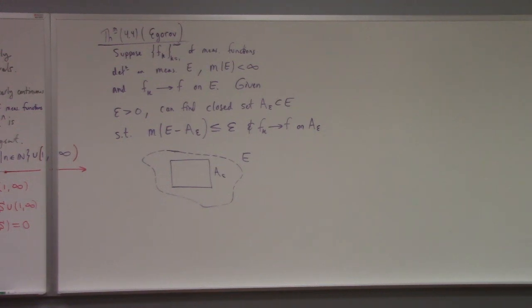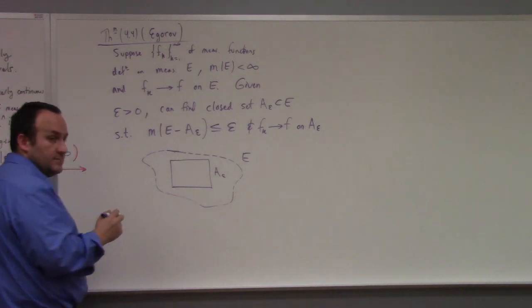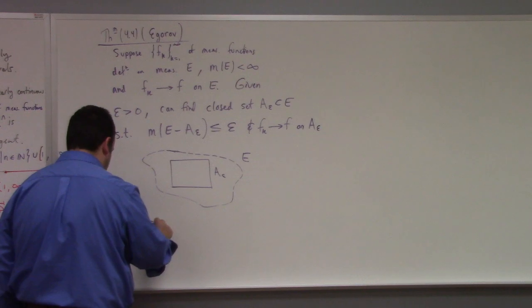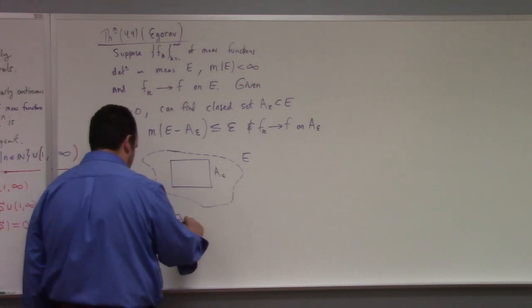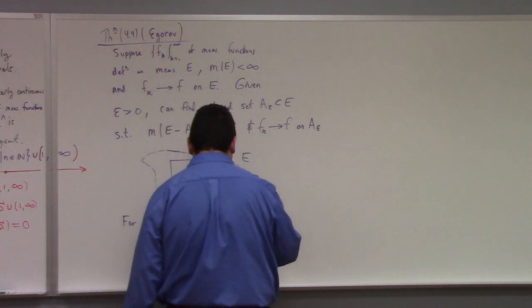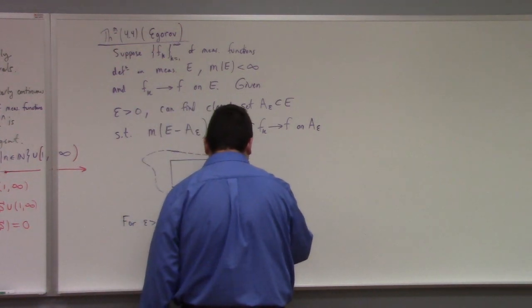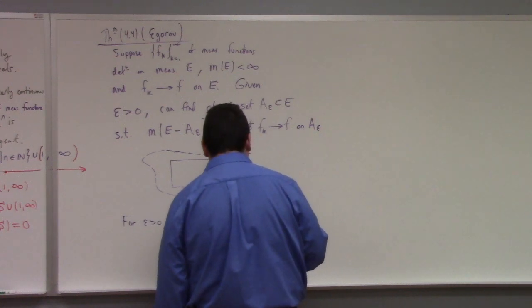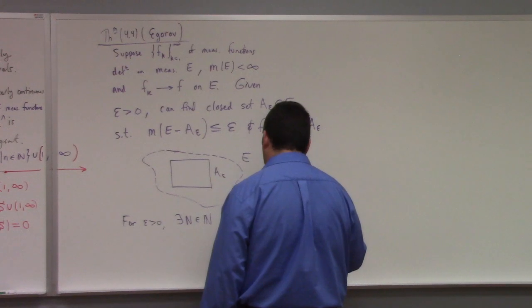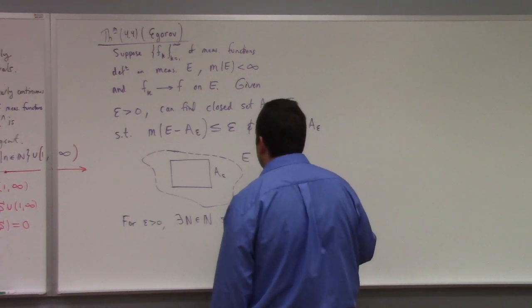What does uniform convergence mean? Do you guys remember? Yeah, for little n bigger than or equal to capital N. Oh, I always write that second.